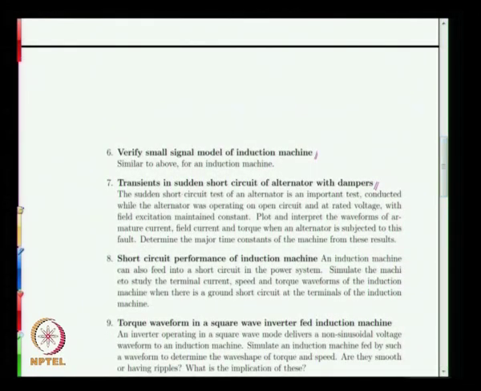This is an exercise that we have done, short circuit of the alternator with dampers. I have shown you a lot of results from simulation and analysis. So the analysis involved a lot of approximations. Some terms were neglected, some terms were approximated in some way, and we arrived at certain equations.